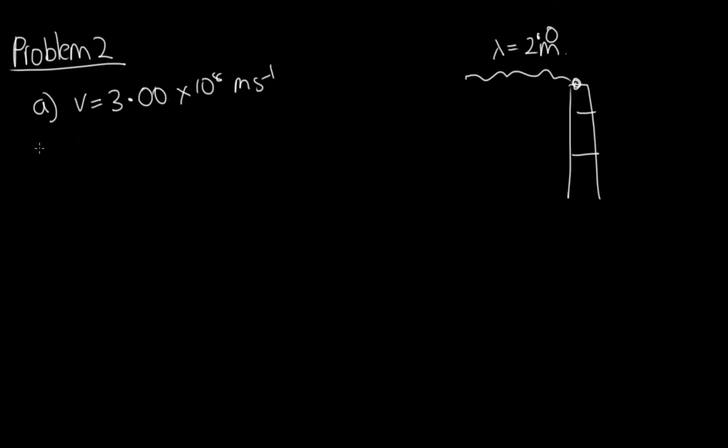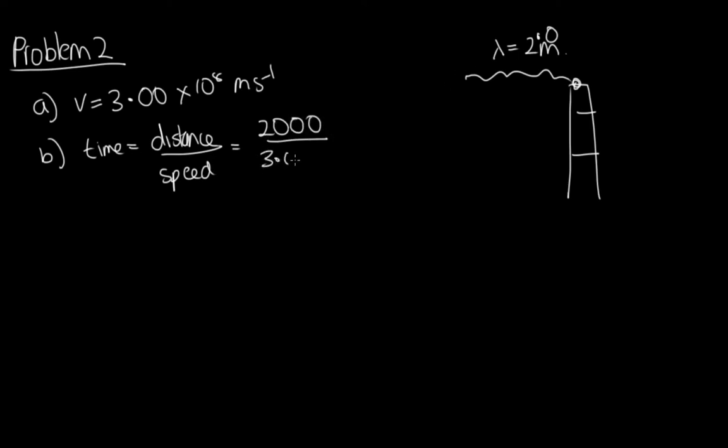Part B says, how long does it take for the wave to travel 2 kilometers? So we know that time is equal to the distance over the speed. So this is equal to 2 kilometers, which is 2,000 meters, over the speed, which is 3.00 times 10 to the 8.